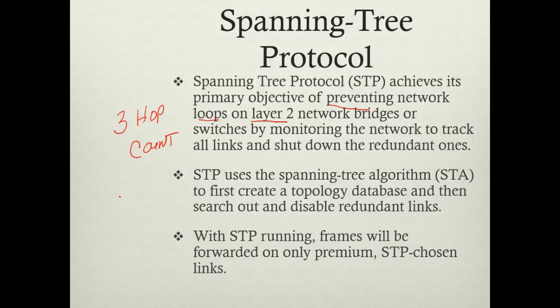Switches forward all broadcasts, right? If we have 2 switches, and this would work better with 3, but we'll just do 2 here, one gets a broadcast and forwards it out all of the ports. The other gets a broadcast and forwards it out all the ports, and it just starts building as it goes around in a circle, building and building until eventually your whole network goes down.